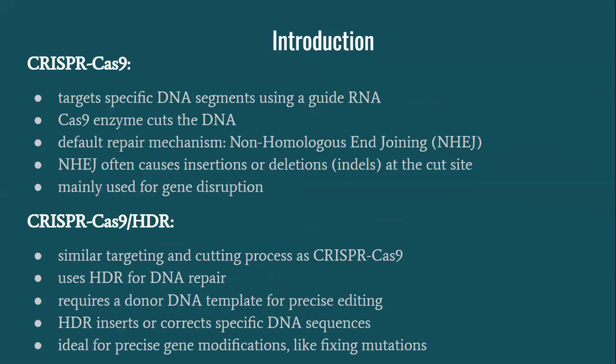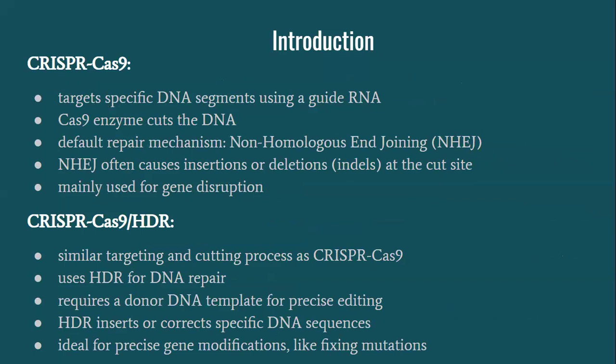So what's the difference between these two systems? CRISPR-Cas9 targets specific DNA segments using a guide RNA, and CRISPR-Cas9 HDR is also similar, since it can also target the cutting process. In both, the Cas9 enzyme cuts the DNA.